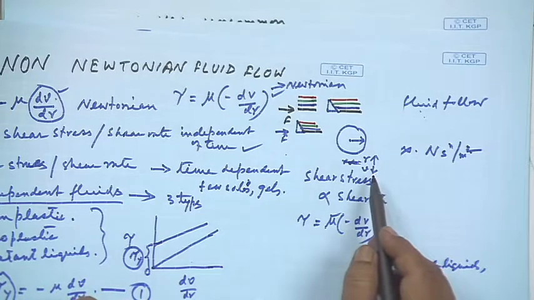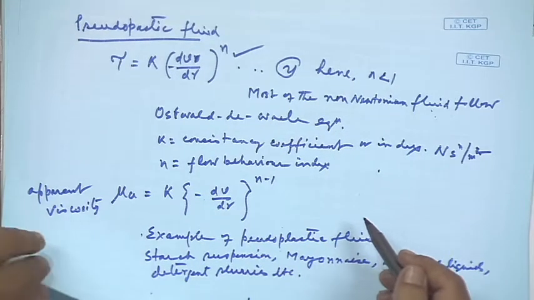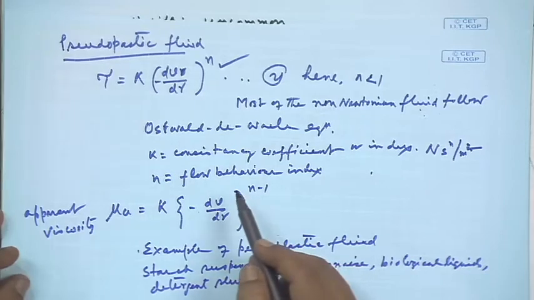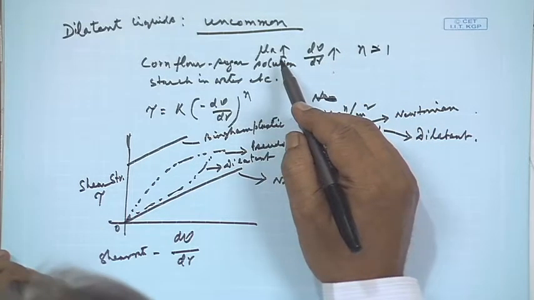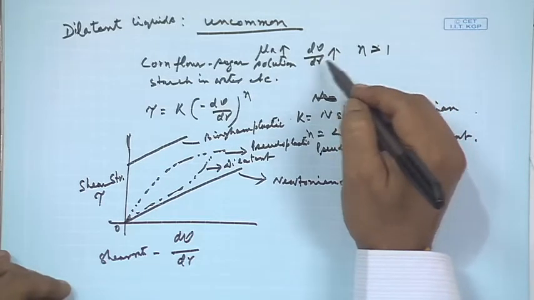In the previous one, we had said that the shear rate was increasing, okay, and we also said that for dilatant, the apparent viscosity mu A is increasing with the increase in the shear rate.